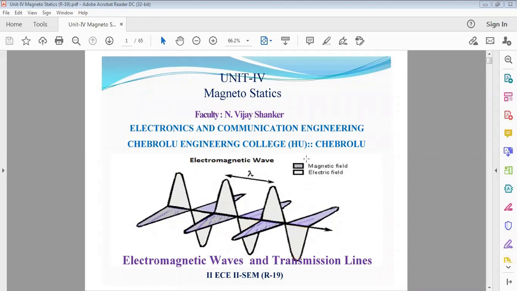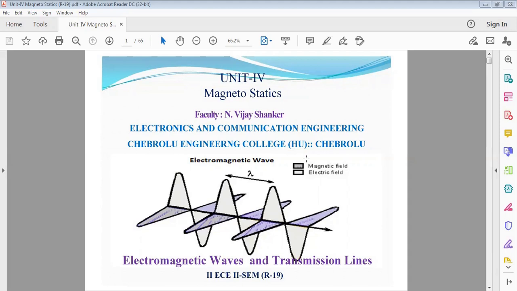Today, we are going to discuss the magnetic field intensity due to the infinite line charge. In the last class, we discussed the magnetic field intensity in line charge, surface charge, and volume charge by using Biot-Savart's law.